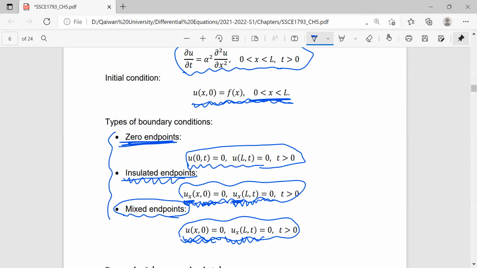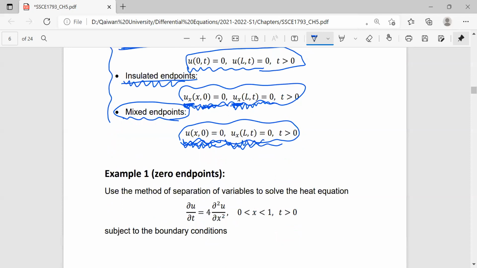And mixed endpoints: here we have u of 0,t is 0, and also u sub x of L,t is 0.